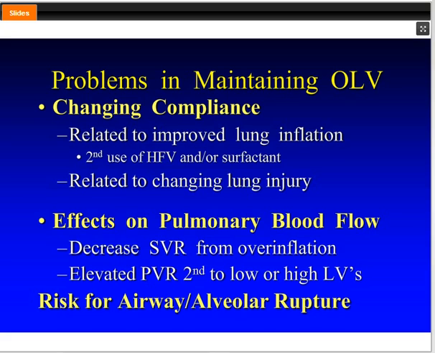And then, of course, there are effects on pulmonary blood flow: a change in systemic vascular resistance from overinflation and elevation in pulmonary vascular resistance secondary to low or high lung volumes, and then the risk of airway or alveolar rupture.